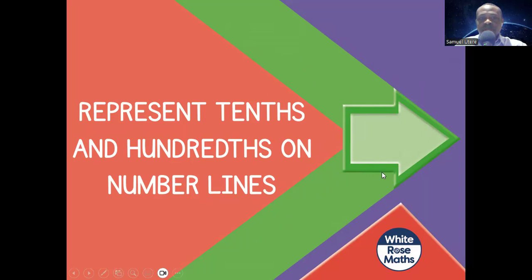In today's lesson, you're going to learn how to represent tenths and hundredths on number lines. This is a very important skill that will help you in the future when you want to choose appropriate scaling, especially fractional scaling in plotting graphs and in other aspects of science.